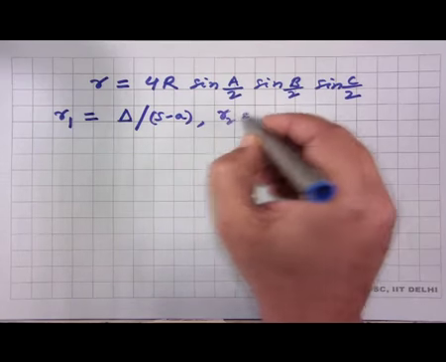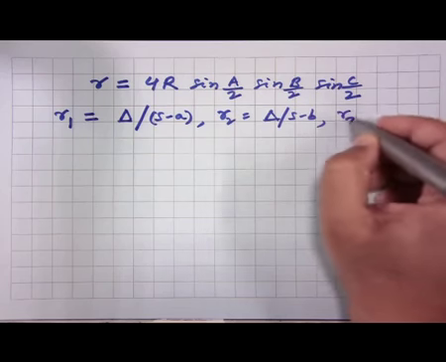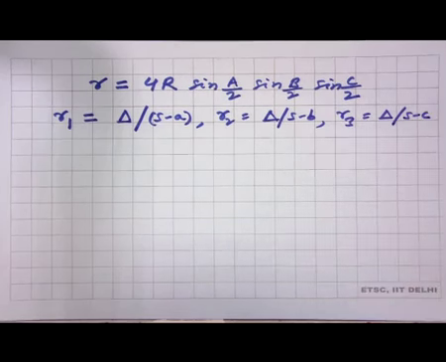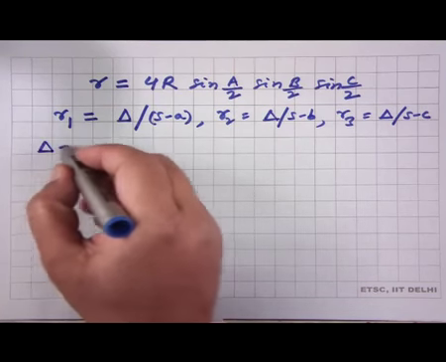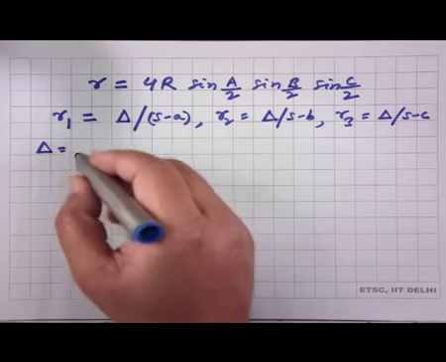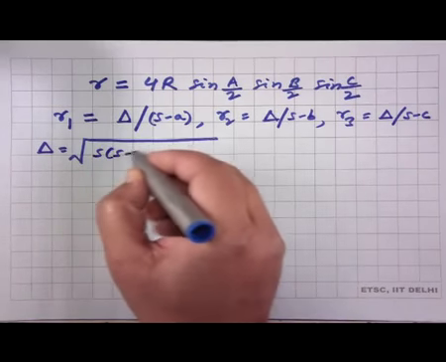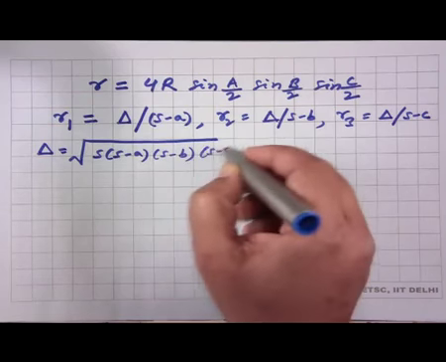Similarly, r2 is area divided by s minus b, and r3 is area divided by s minus c. But then from Heron's formula, we know that the area is simply the square root of s times s minus a times s minus b times s minus c.